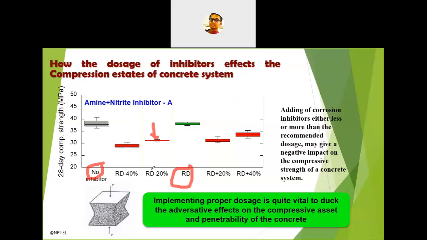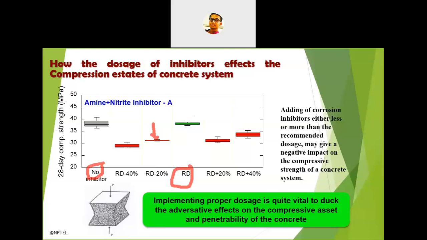So addition of corrosion inhibitors, either less or more than the recommended dosage, may give a negative impact on the compressive strength of a concrete system. So we have to adopt a proper dosage to maintain the compressive strength of the concrete system, because compressive strength is quite an important property for any RC concrete system.